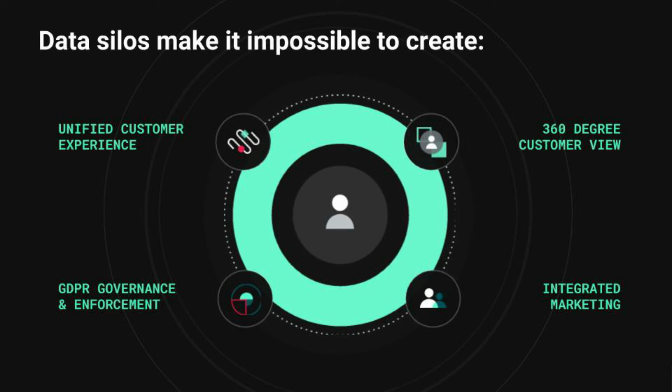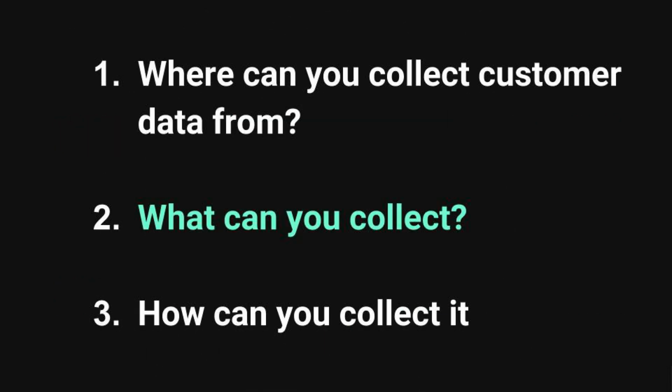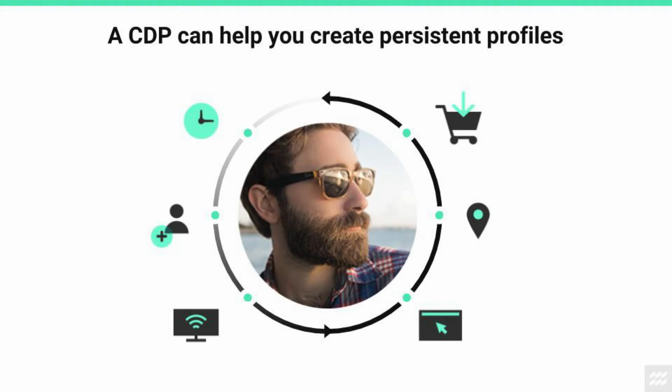Once you've ensured you can collect data from mobile, the next question you need to ask yourself is what kind of data you can collect exactly. For marketing systems to work, you need high-quality data to create persistent customer profiles, which we call contextual data. As mentioned before, contextual data includes things like location, time of day, demographics, and intent, among many other attributes.